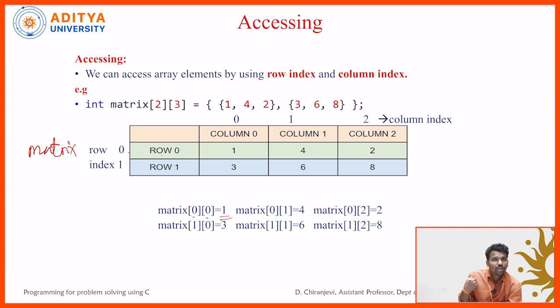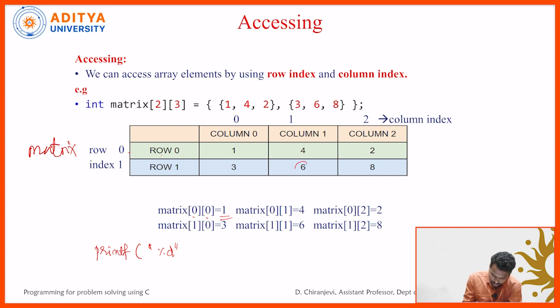Okay, so if you want to update any value in a 2D array, then you can use this, or if you want to display the elements, then you can use this format. Like if you want to print a particular element, that is 6, how will you do that? You can write printf, then you simply write %d.